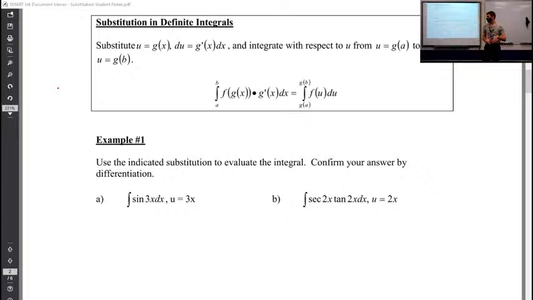All right. One pattern of this semester is that we're going to be undoing the processes that we have been doing in first semester with derivatives.